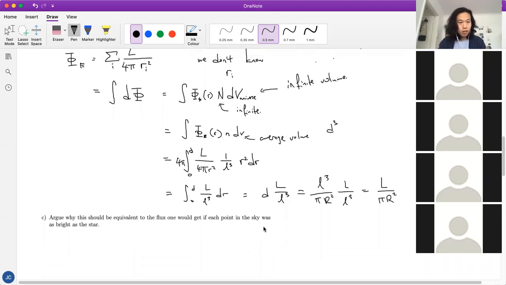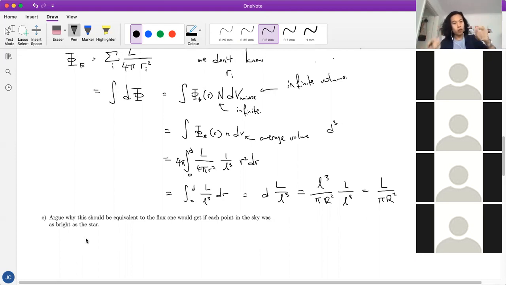Okay, for part C, argue why this should be equivalent to the flux one would get if each point in the sky was as bright as a star. If each point in the sky is as bright as a star from your perspective, then when you look up into the sky and take a survey, it maps to a sphere.